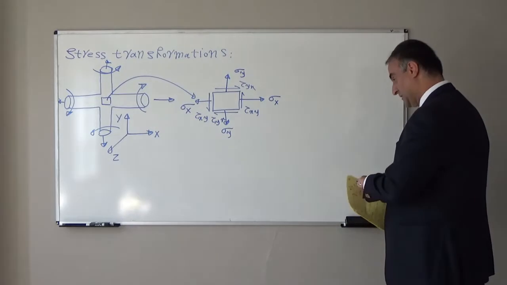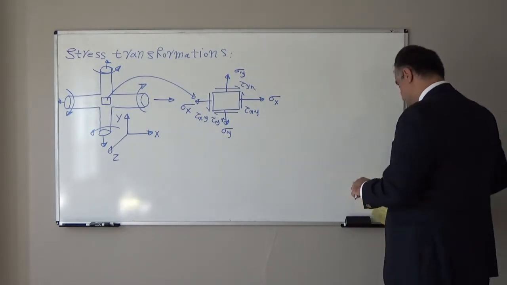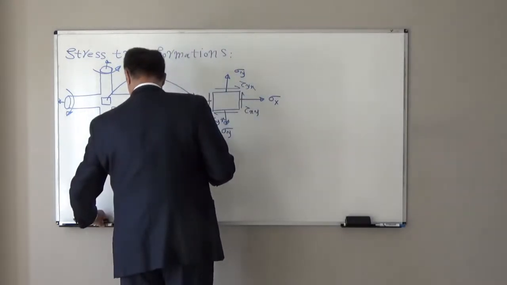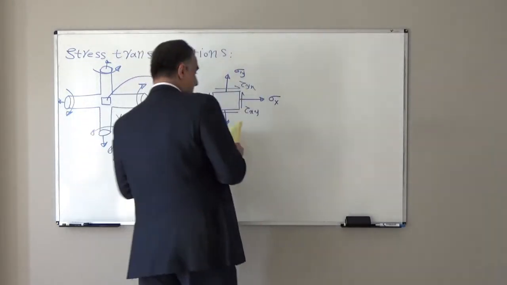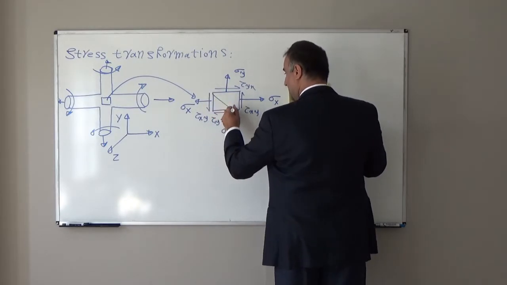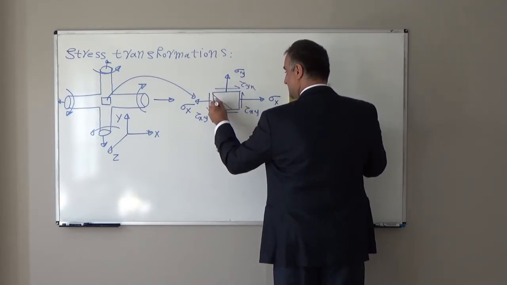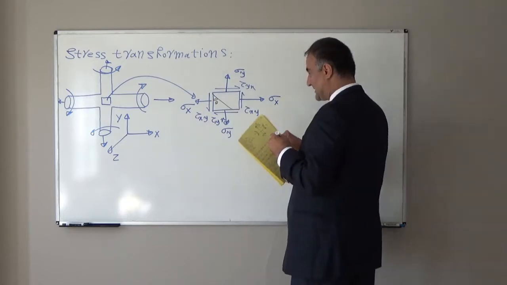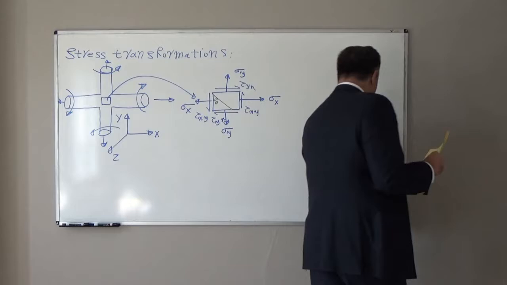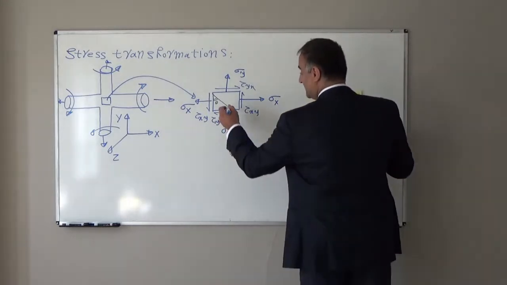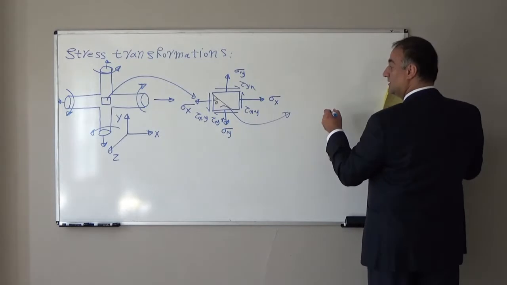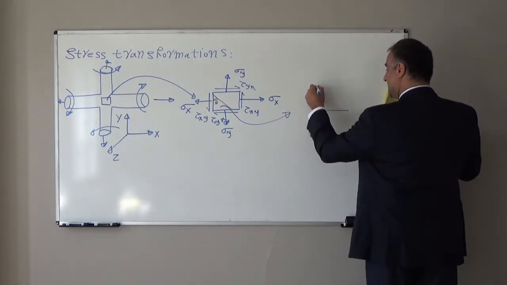Assume in one inclined direction, theta, if I cut this element in an inclined direction such as theta, now the stress element, instead of a square shape, will have a triangle shape.